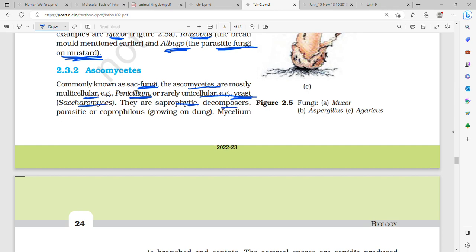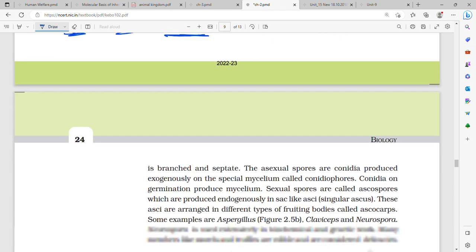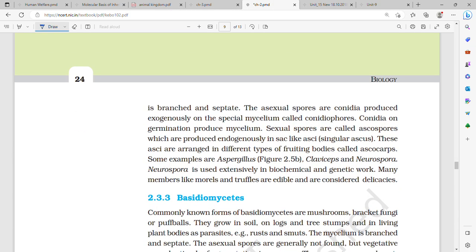They are saprophytic, feeding on dead and decaying matter, decomposers, or parasitic, living on another host, or coprophilous, that is growing on dung. Mycelium is branched and septate, has cross walls.